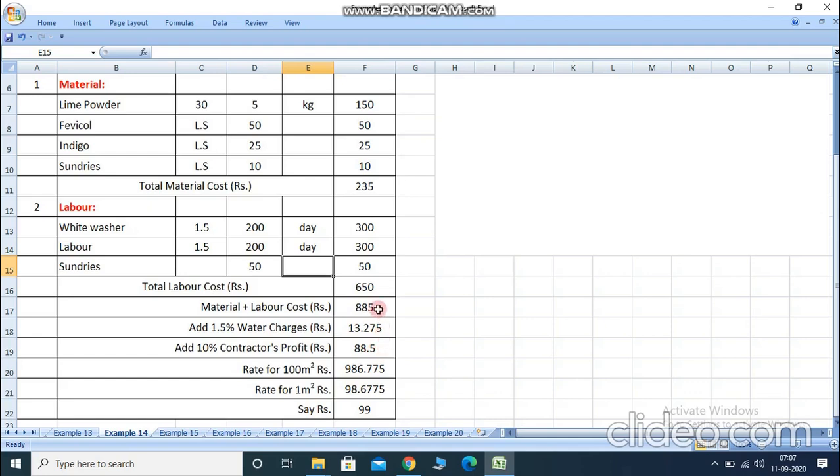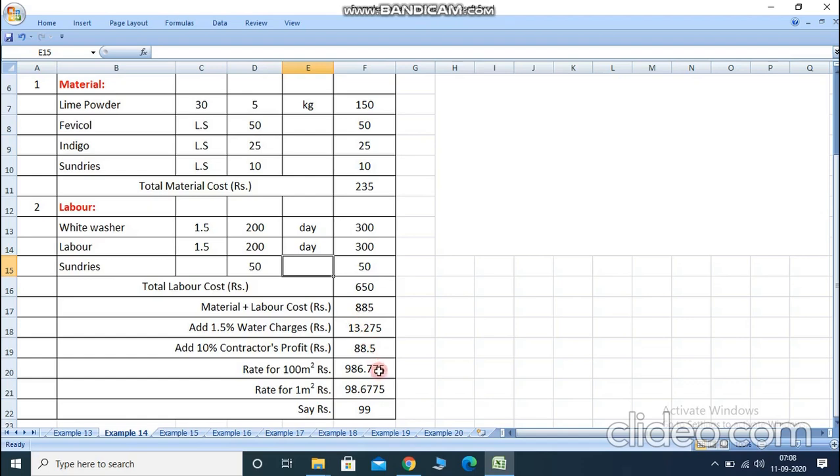That is 885 divided by 10, so we get 88.5. So for 100 square meters, it is the summation of the material cost plus labor cost plus 1.5% water charges plus 10% contractor profit.